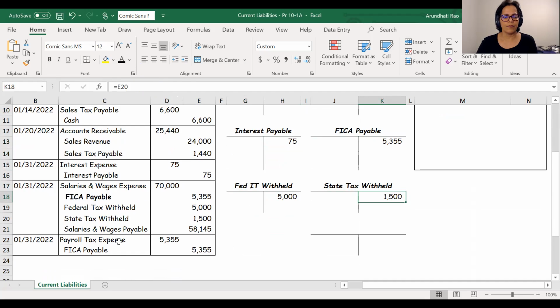And then I have salaries and wages payable. I still owe my employees the money, the paycheck that they are going to get, that amount. And then in the last adjusting entry, again, it's FICA payable. I use the same account that's already there. So this is a double FICA that you have over here, the employee's portion and the employer's portion.